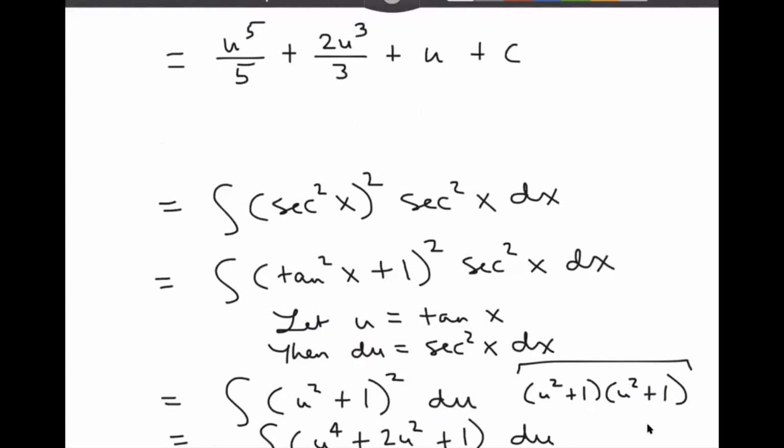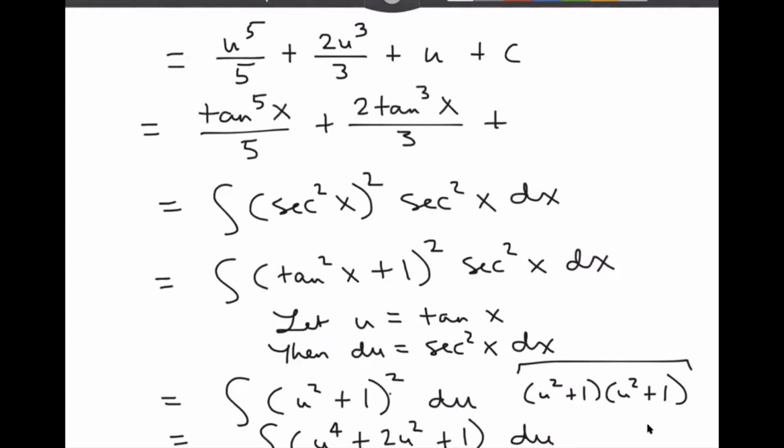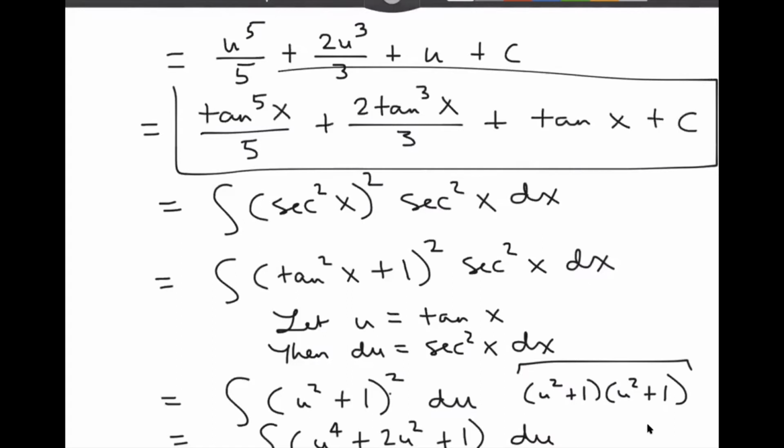And of course, it's not about u, so the final answer is tangent to the fifth x over 5 plus 2 tangent to the third x over 3 plus tangent x plus c. All right, isn't this fun?